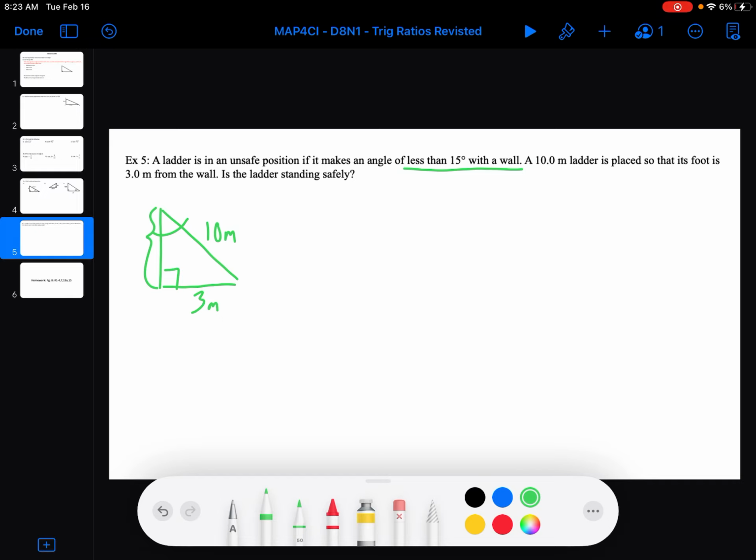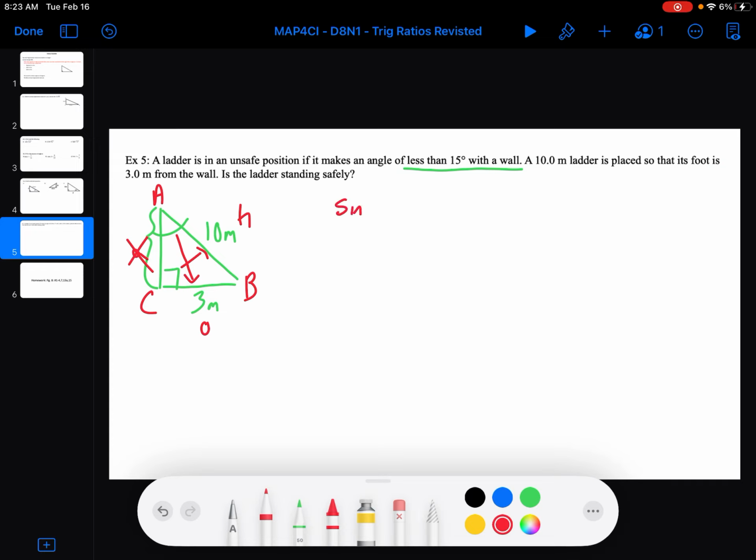Okay, so what we have is the hypotenuse, and we'll call this angle A. Doesn't really matter. B, C. We have the hypotenuse. We have the opposite, and we don't have the adjacent. There's no number or variable there. So what we're going to do is opposite and hypotenuse. So that's going to be sine.